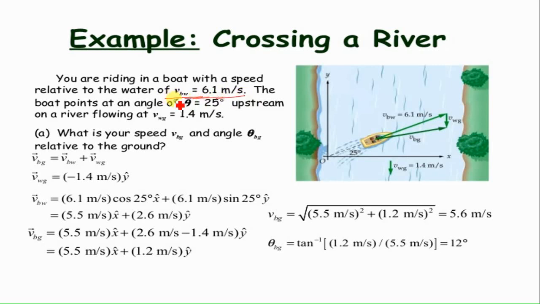This is the velocity of the boat with respect to the water. I have already mentioned that the velocity of the boat in the river is considered in the frame of reference of the river. The boat is pointing at an angle theta of 25 degrees.